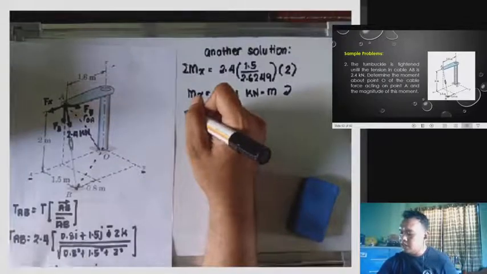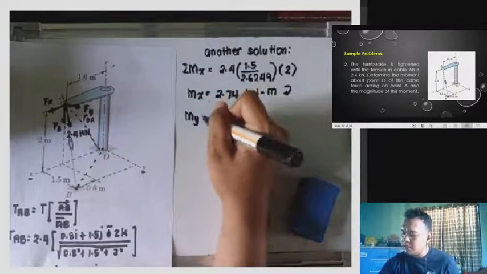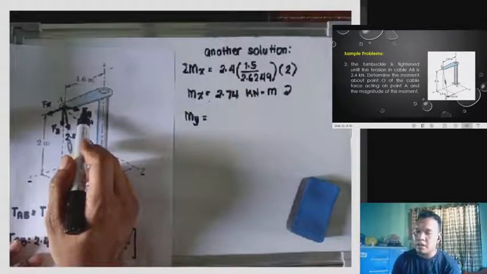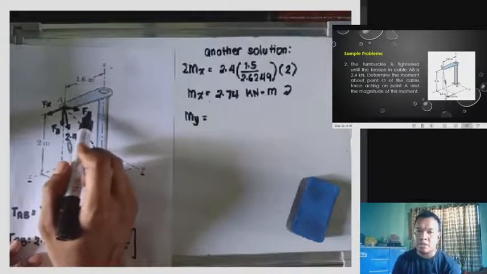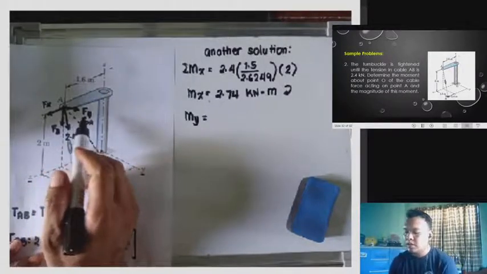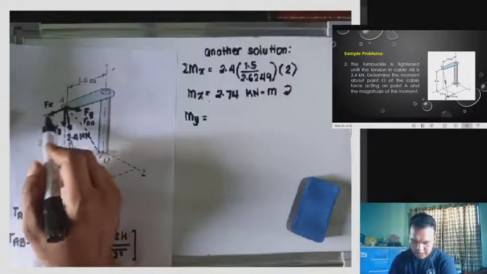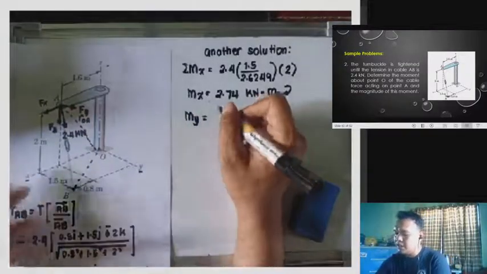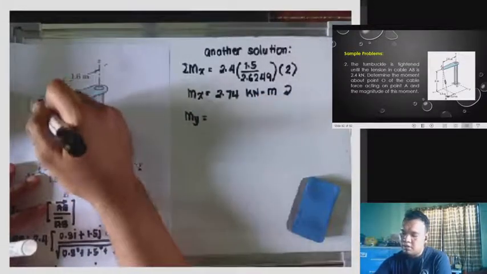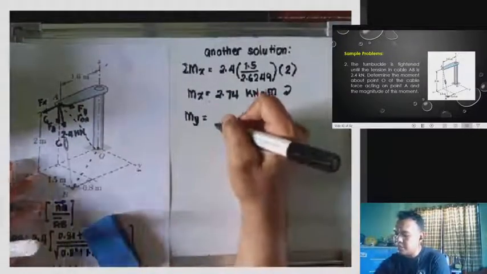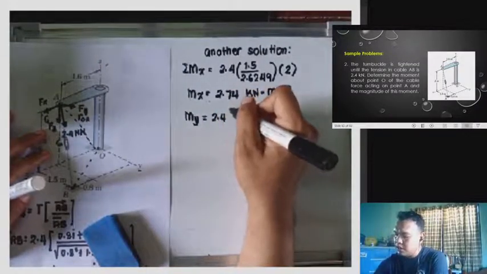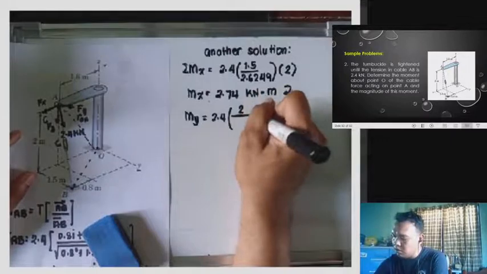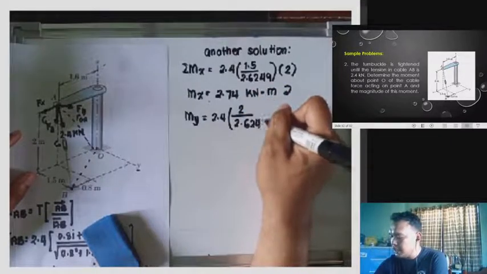Then, moment at y-axis naman tayo. So, kung sa y-axis tayo mag-moment ito, ibig sabihin yung Fy natin is parallel, ibig sabihin hindi na siya mag-moment, no? So, ang mag-moment na lang po is si Fx tsaka si Fz. So, to get the value of Fz, ang galaw nito ay pag ganito, pag galaw nito ay ganyan din. So, ang Fz ko ay 2.4 times ulit, yung z natin, coordinate, ang z ay 2 all over 2.6249.